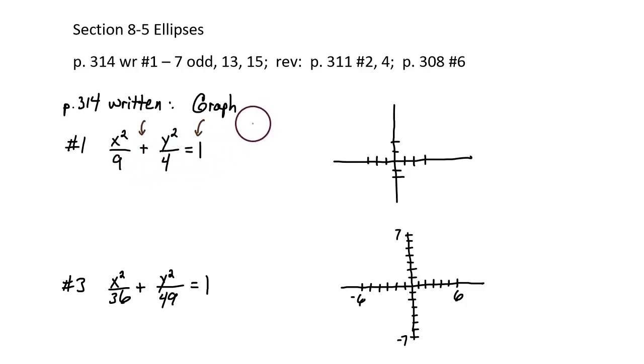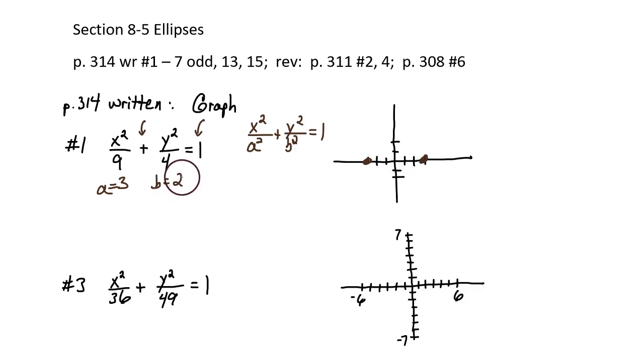The general form that you're matching this up with is x squared over a squared plus y squared over b squared is equal to 1. This has this pattern. The square root of 9 gets us a equals 3. The square root of 4 gets us b equals 2. The a equals 3 is associated with the x term, so on the x-axis you go 3 units to the left of center, 3 units to the right of center.